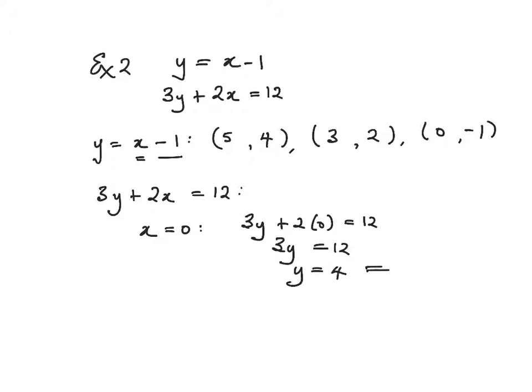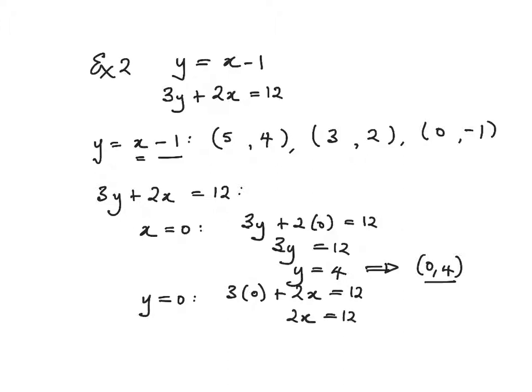So I have the point 0, 4. When y is 0, 3 times 0 plus 2x equals 12, 2x equals 12, and x equals 6. So I have the point 6, 0.